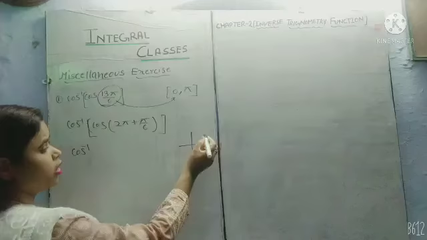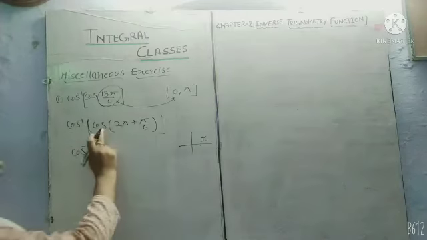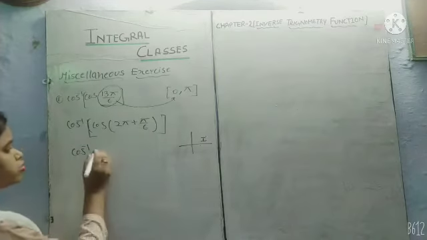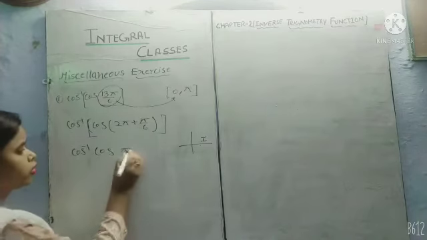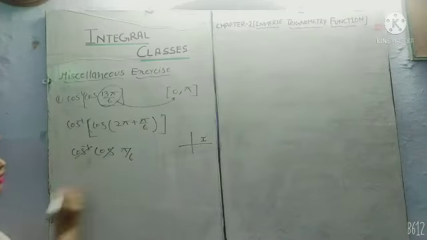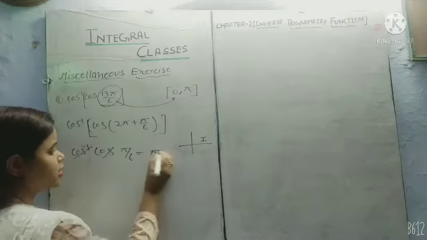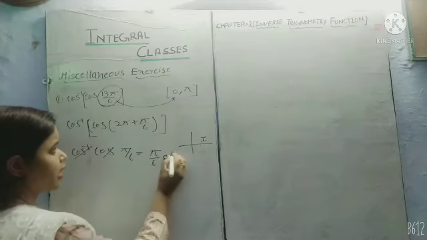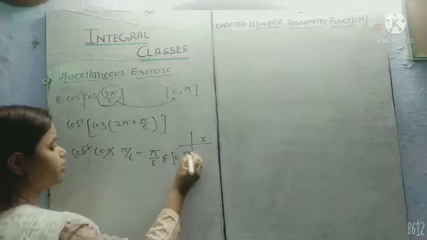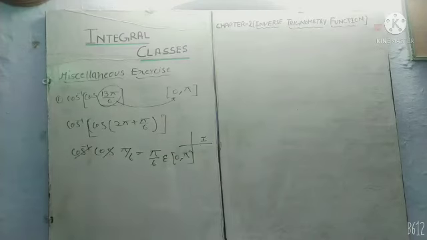In the first quadrant cos is positive and 2 pi is a full rotation, so we get cos pi by 6. Now cos inverse cancels, so the answer is pi by 6, which lies between 0 and pi.